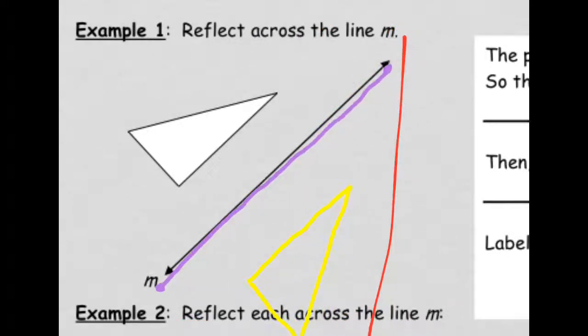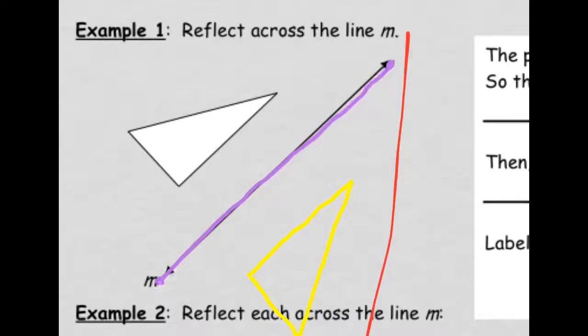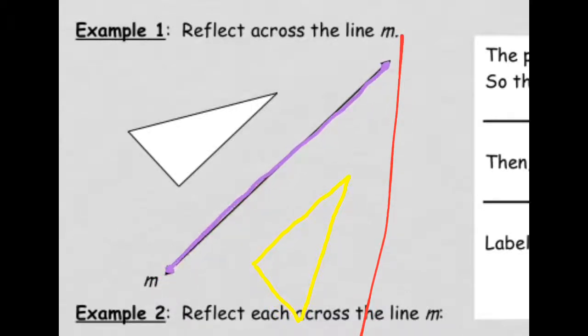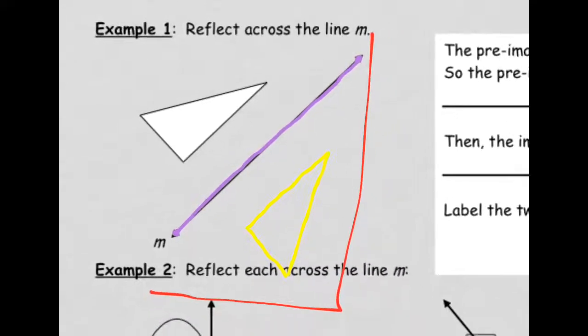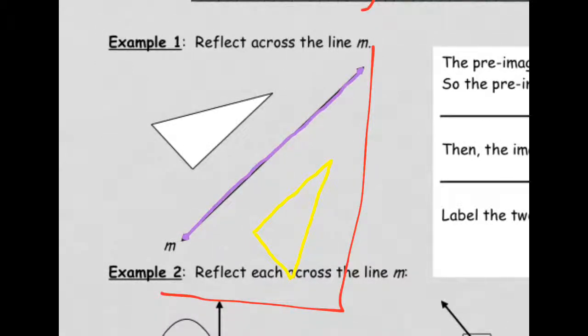You're going to line up your bullet points and your line on M. And once you get it just right, you'll have your reflection. Not too shabby.